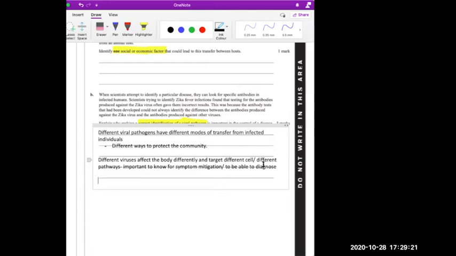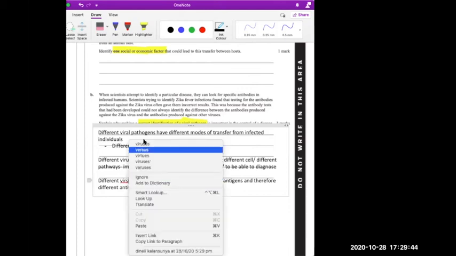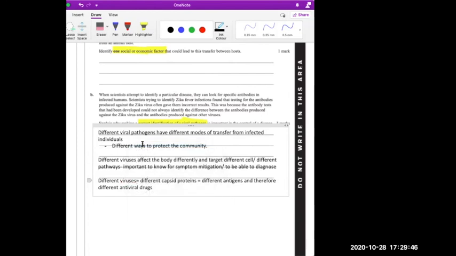So the final one is different viruses, different capsid proteins, so different antigens. Obviously write these out as sentences, don't be lazy like me. Different antigens and therefore different antiviral drugs. Right? Because as we mentioned at the start, antiviral drugs are not like antibiotics.